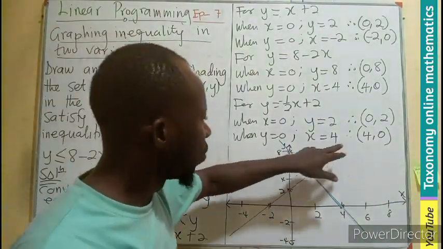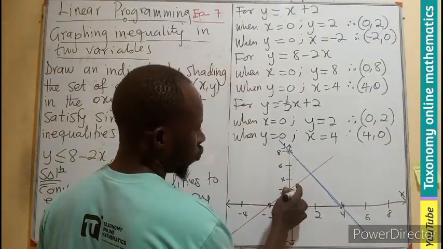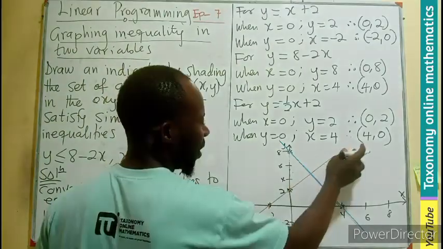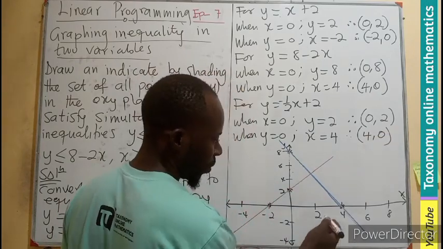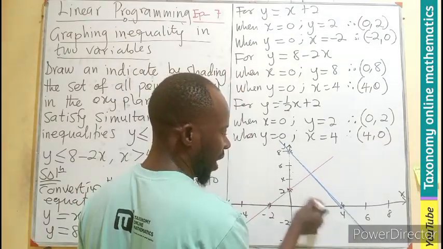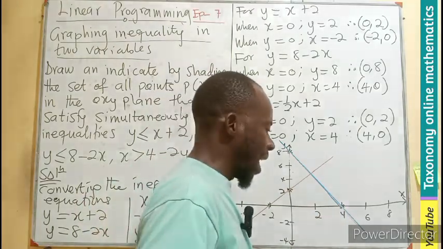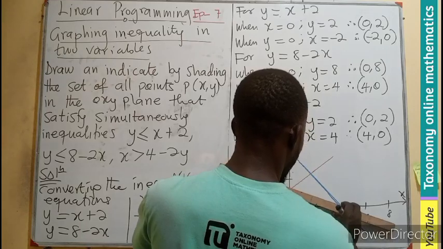Then the final line has points (0, 2) and (4, 0). So 2 is here on the y-axis, 0 on the x-axis. Then 4 on the x-axis, 0. You can see 4 is here, then we have 2 here. So we have that line passing through those 2 points.